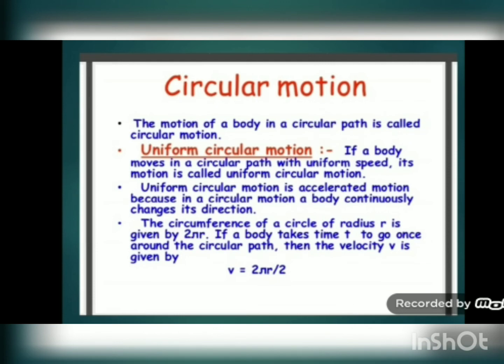Now how do we find the distance covered by an object in circular motion? If an object starts from this point and completes the entire circle and comes back to the point, then the distance covered is equal to the boundary of the circle, and the boundary of a circle we name as circumference.